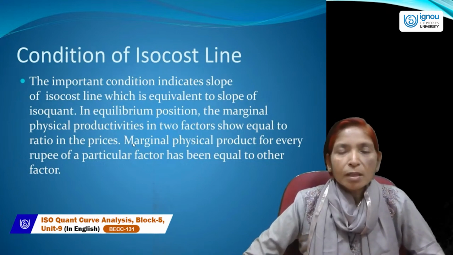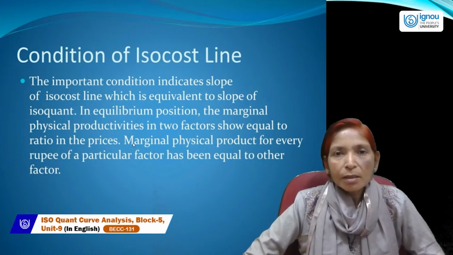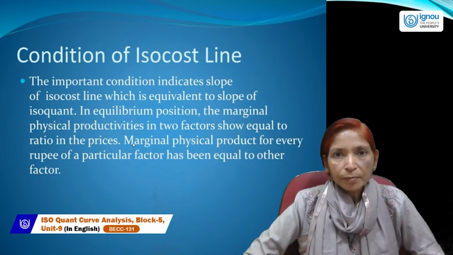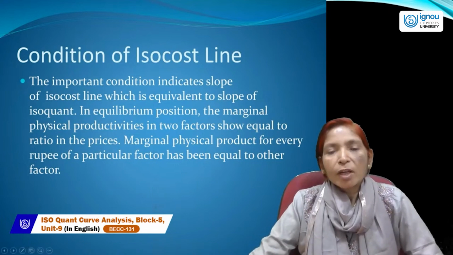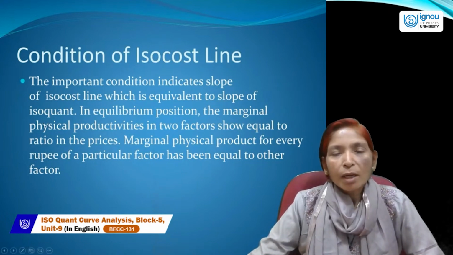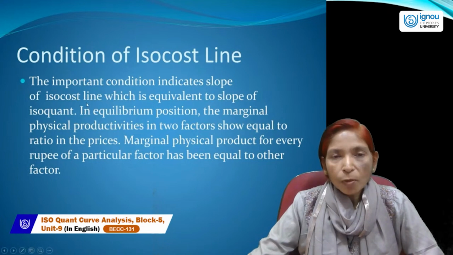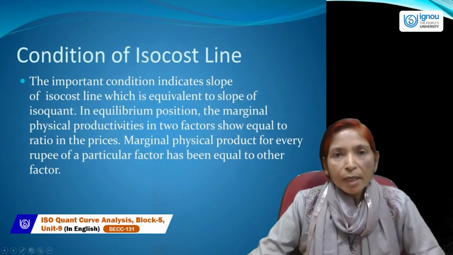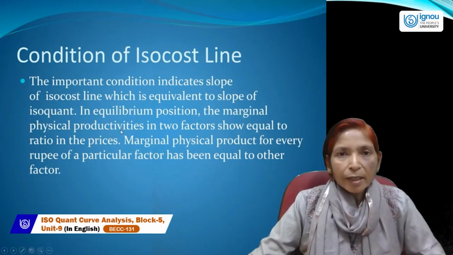So where the marginal productivity of capital divided by marginal productivity of labor, the ratio between capital and labor is negative, so in that case the slope of isocost line will also be negatively sloped. Isocost line shows a negative relationship between labor and capital.